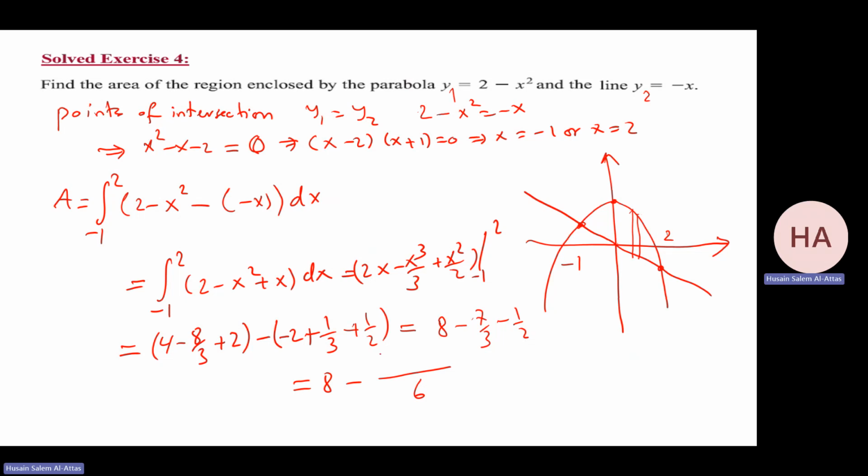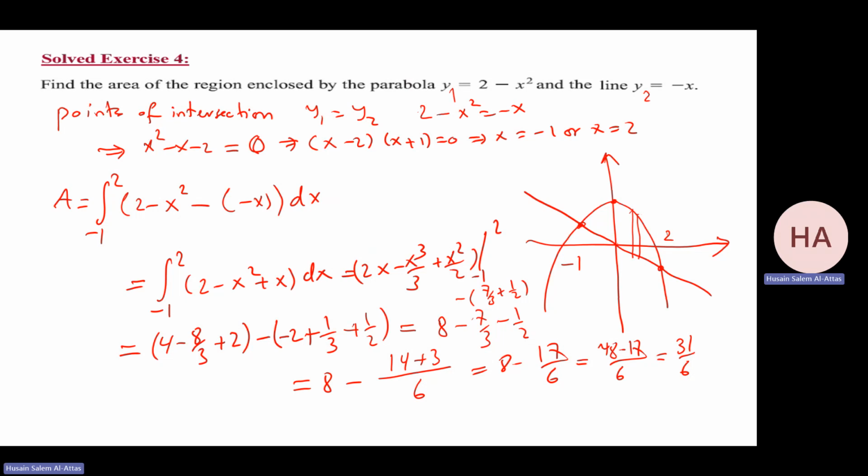I have what? 14 plus 3. It's like I'm taking minus and common factor. That will be 14 plus 3. So I have 8 minus 17/6. That will be what? 48 minus 17/6. That gives me 31/6. I'm not getting the same answer.